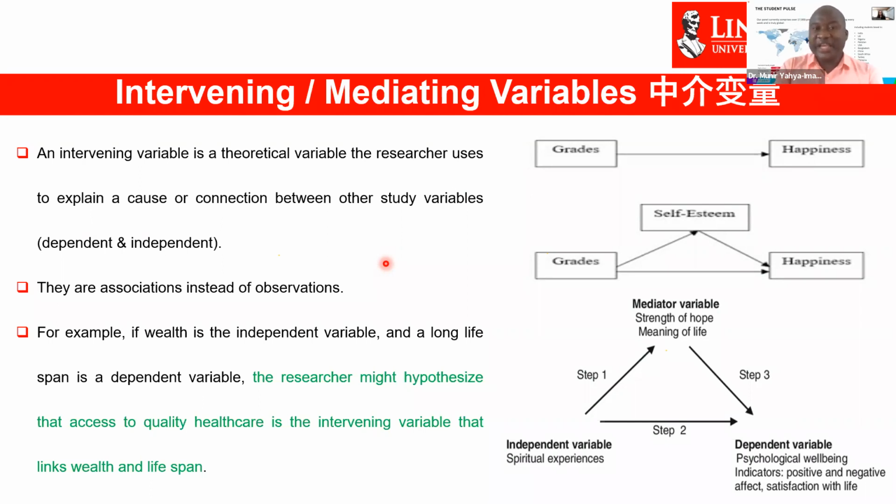For example, if wealth is the independent variable and a long lifespan is the dependent variable, the researcher might hypothesize that access to quality health care is the intervening variable that links wealth and lifespan. So mediating variables are more or less associations. They don't stand on their own. They connect independent and dependent variables together.